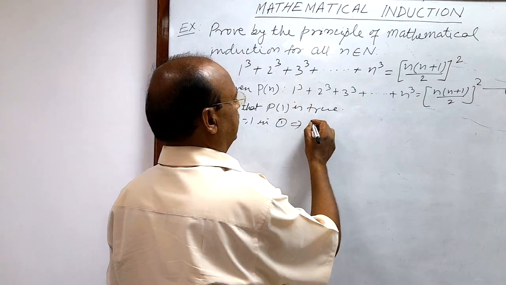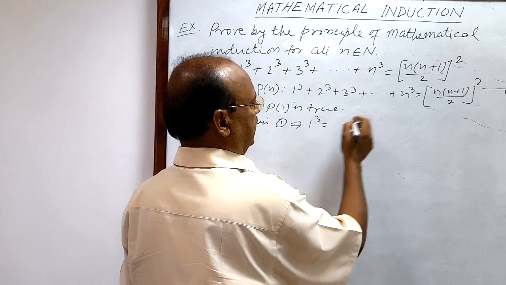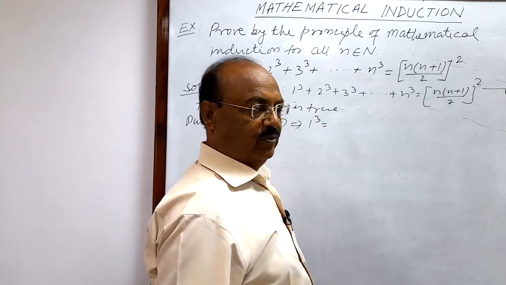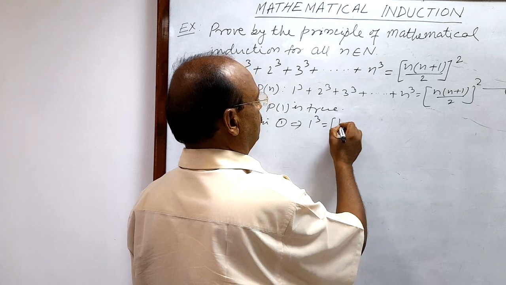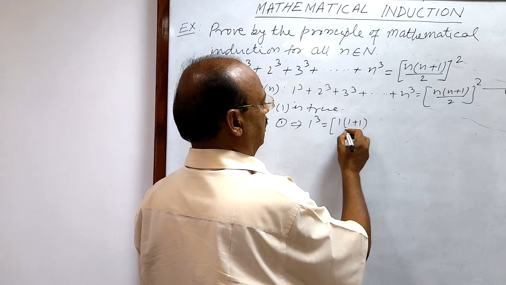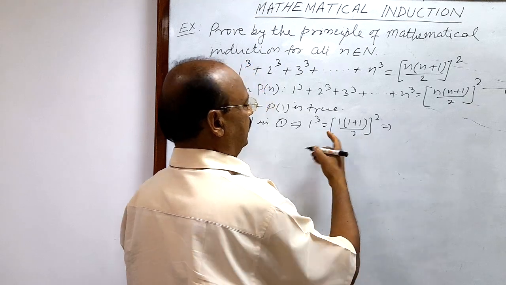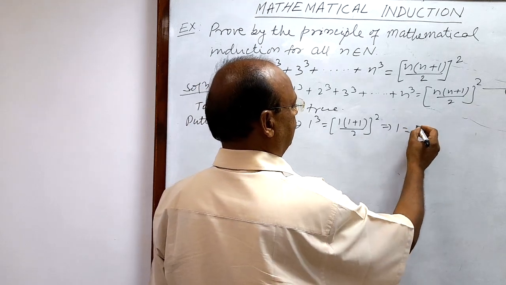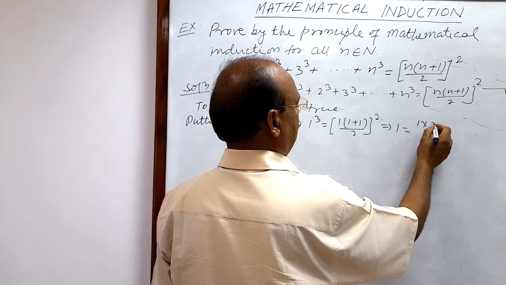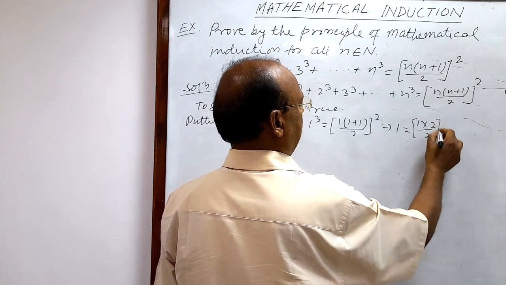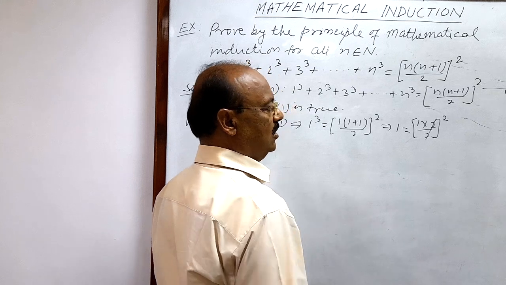So here we will get 1 cube, and on the right hand side in place of n you have to write 1. So this is 1 into 1 plus 1 divided by 2 whole square, or we will get 1 is equal to 1 into 2 by 2 whole square. So 2 will be cancelled out here.